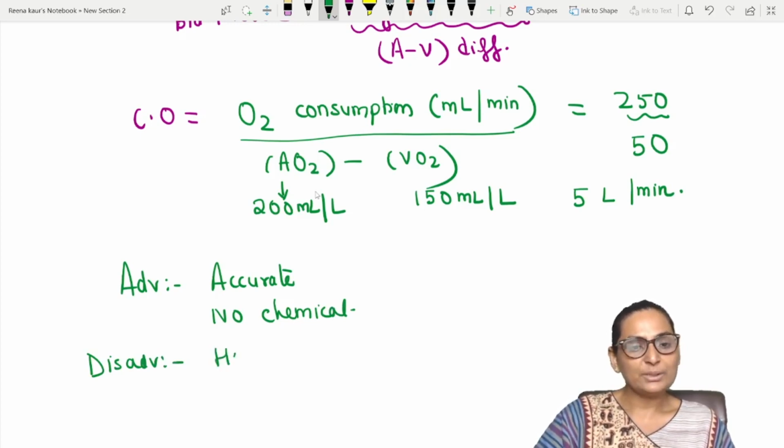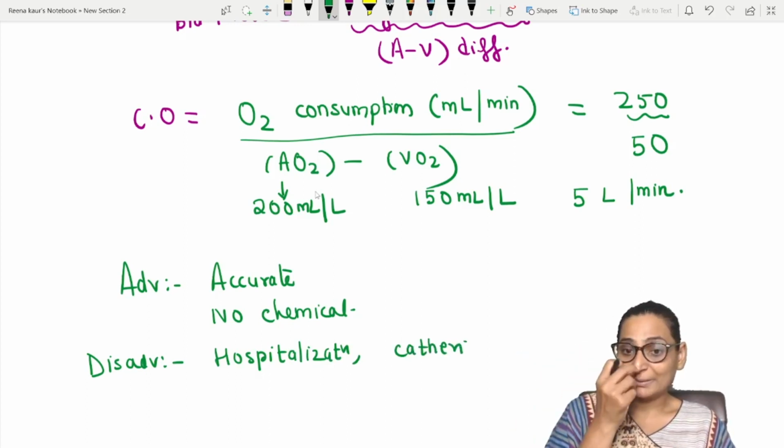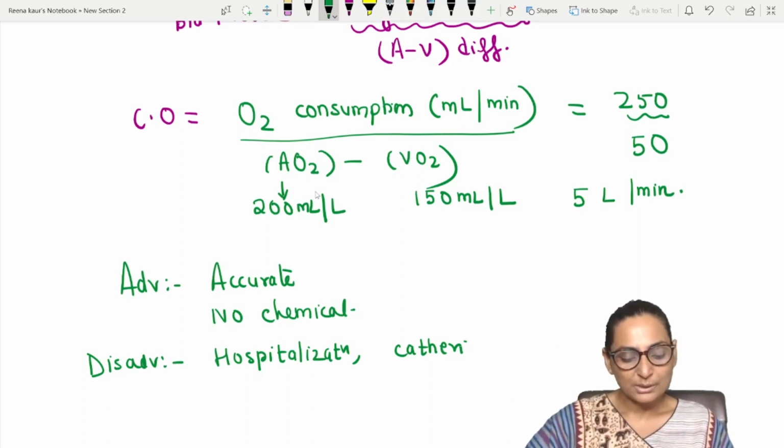You need to hospitalize the patient, isn't it? You require hospitalization because you have to do a catheterization. You have to put the catheter into the pulmonary artery and take a sample. That is a special technique. So there is a risk of this catheterization.